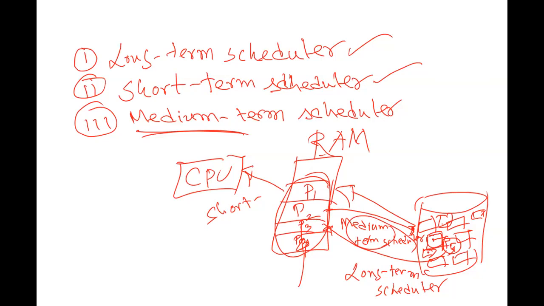Okay, so let's move to our next item. Next we'll talk about some CPU scheduling algorithms. But before we start the CPU scheduling algorithms, we need to know some time related terms for a process.